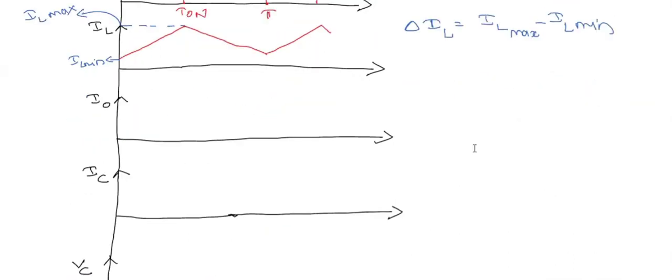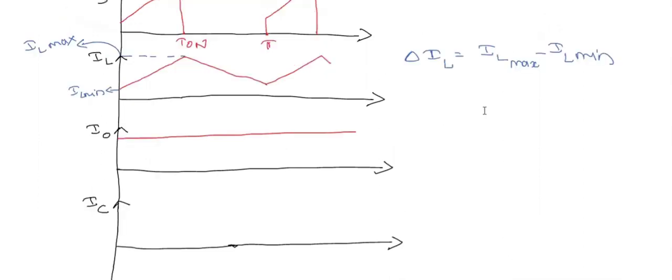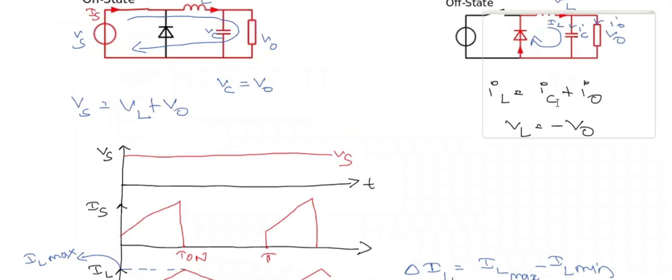So the output will be a DC current, and we represent that by using a straight line DC value. I'm not going much into the details. You can always check the equation, how it will behave during on and off condition, because I have already written the equation here.